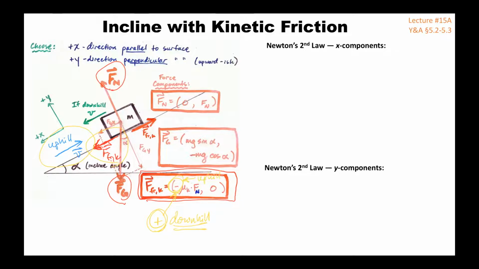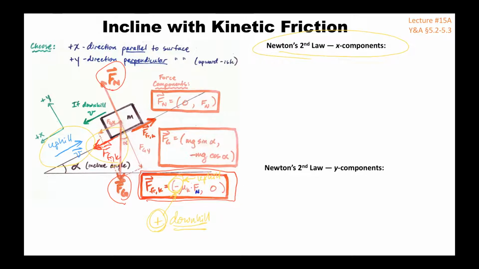That's how I would change my free body diagram and therefore my components of the forces if the object happened to be sliding uphill. That's really interesting. That means everything we're going to do with Newton's second law in the x direction would be a little different if the object were sliding uphill than downhill. So I'll revisit that one more time before we leave this example.